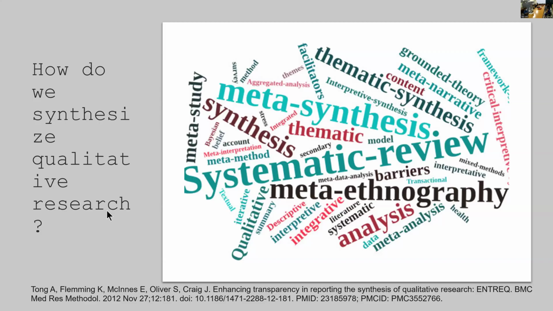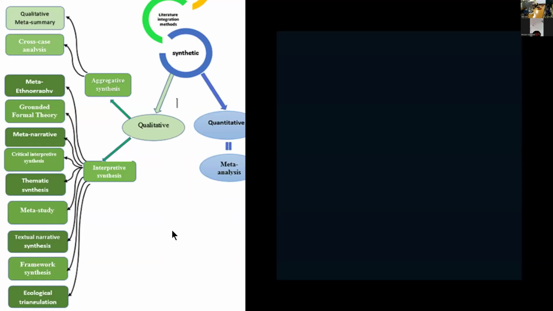If you look at this word map, these are the various words which we use when we talk about synthesizing qualitative data. A few of them are systematic review, meta-ethnography, meta-synthesis, thematic synthesis, meta-narrative, grounded theory, critical interpretative synthesis. All the words seem very confusing, and there are actually a plethora of methods which we can use to conduct qualitative synthesis.